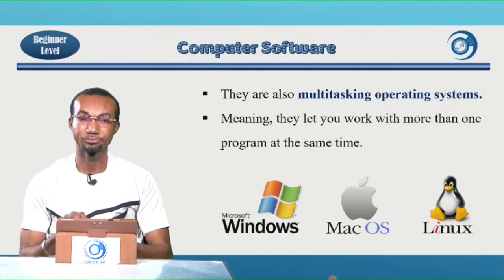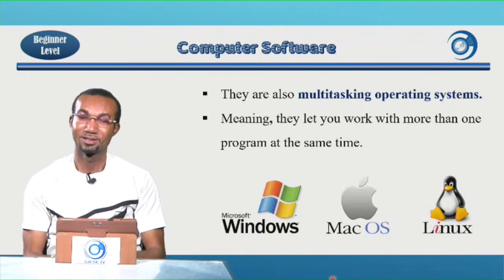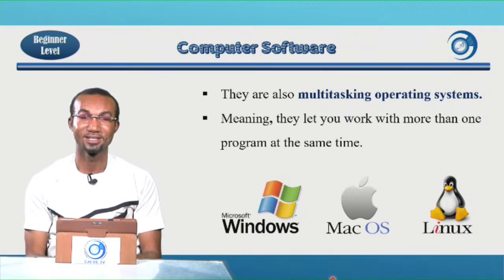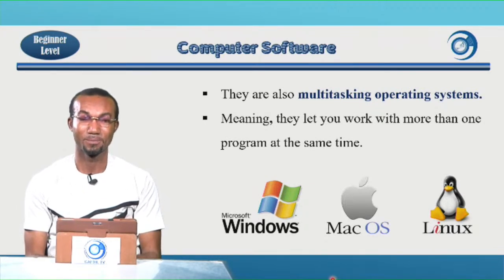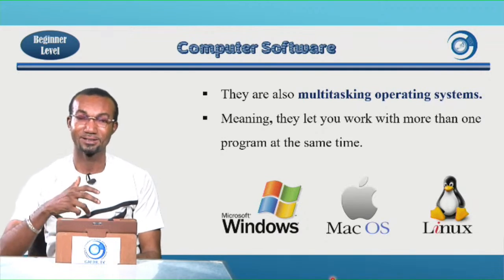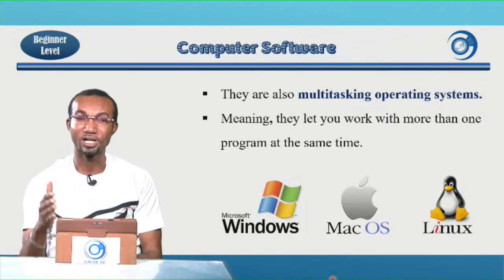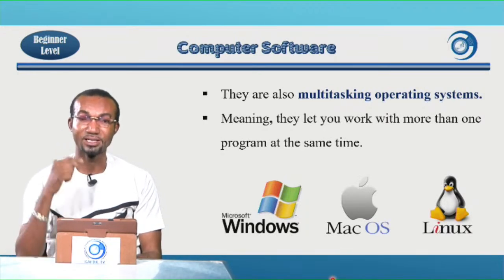So I may be typing some documents, whilst, so that I don't get bored, I'll be playing music too on the same PC. I'll be listening to the music while I am also typing a document. So if I can use two programs, a typing program and a music program, at the same time, then that operating system is multitasking.